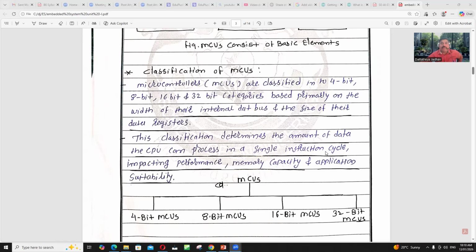So these are the three important parameters considered for classifying microcontrollers. Depending on that, there are four types of classification: the 4-bit microcontroller, the 8-bit microcontroller, the 16-bit microcontroller, and the 32-bit microcontroller. These are the four classifications in our syllabus.